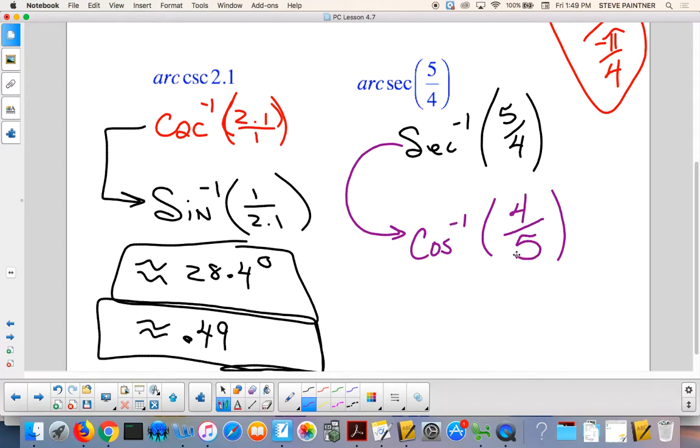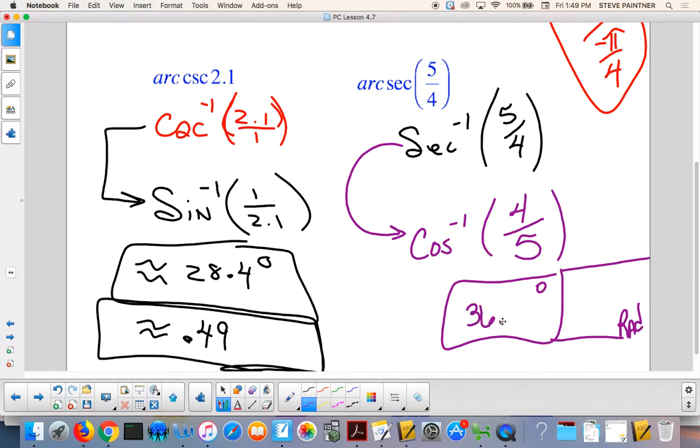Punched it in, got two answers. One would be degrees. One is radians. What's degrees? 36. 36 what? And radians? 0.64. Okay. Good? What's next? Are we okay? Is that it? All right, that's it.